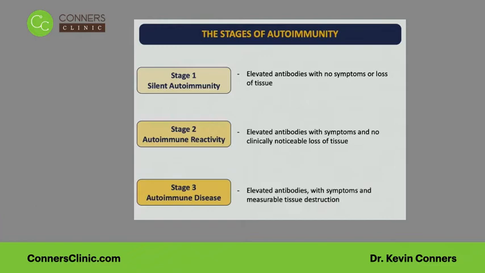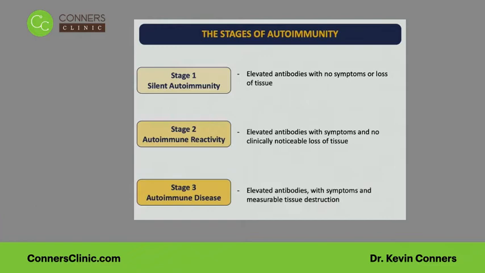Stage 2 is you're having elevated antibodies, but you're now having the start of symptoms, but no real noticeable loss of tissue or horrible damage to tissue at this point. So you're starting to get sore hands or tiredness and fatigue, but no real loss of tissue.